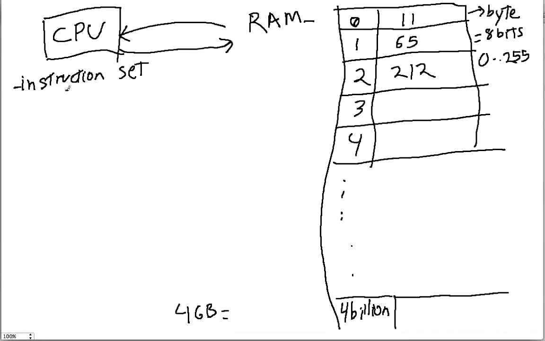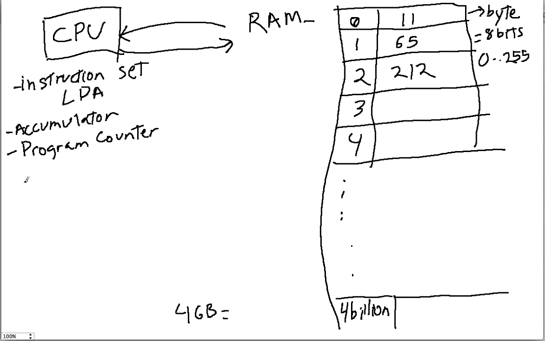So, for example, one such instruction might be LDA, the load accumulator instruction. Inside the CPU, there is this accumulator, and also there is a program counter, and usually also some registers.